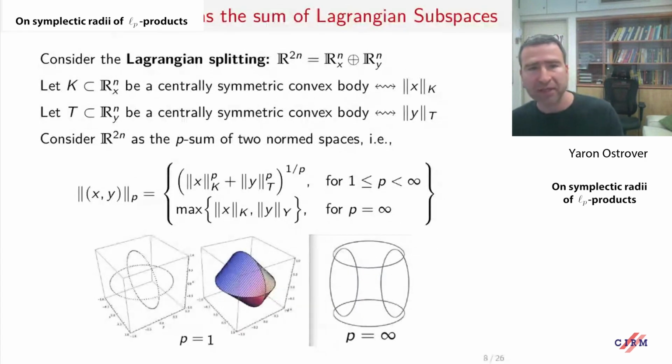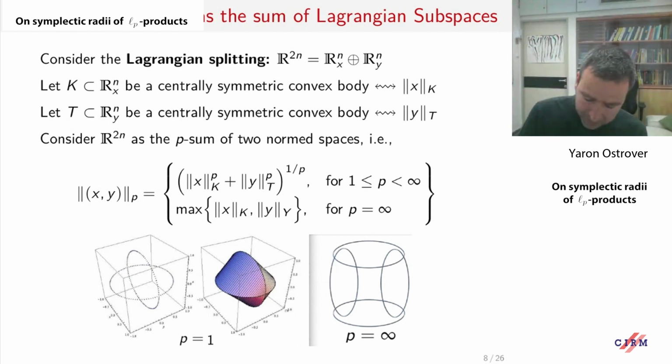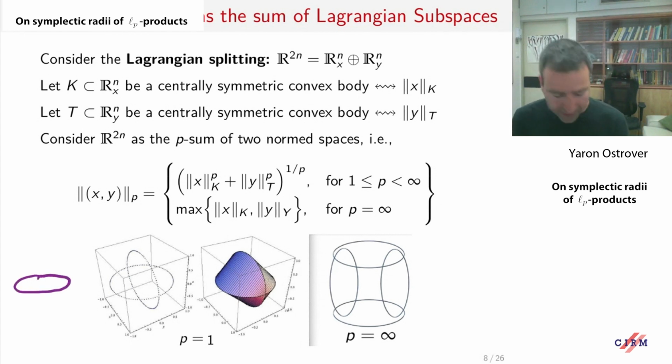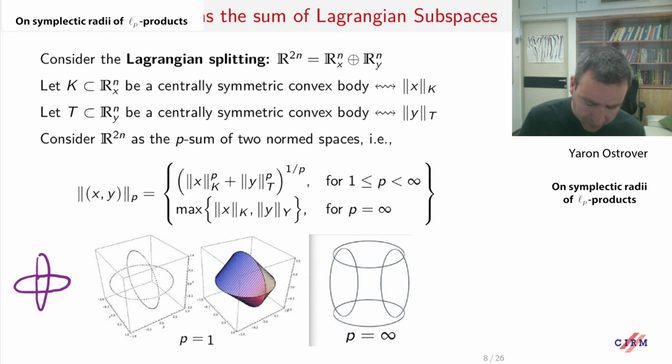And remember, you have to keep in mind that this is a Lagrangian splitting, right? So it's R^2n with a Lagrangian splitting. For p equals infinity, we just have the Lagrangian product of these two convex domains. For p equals 1, we have the following thing. Say you have an ellipsoid in the X space and another ellipsoid here, and we look at some sort of convex hull of these two ellipsoids.